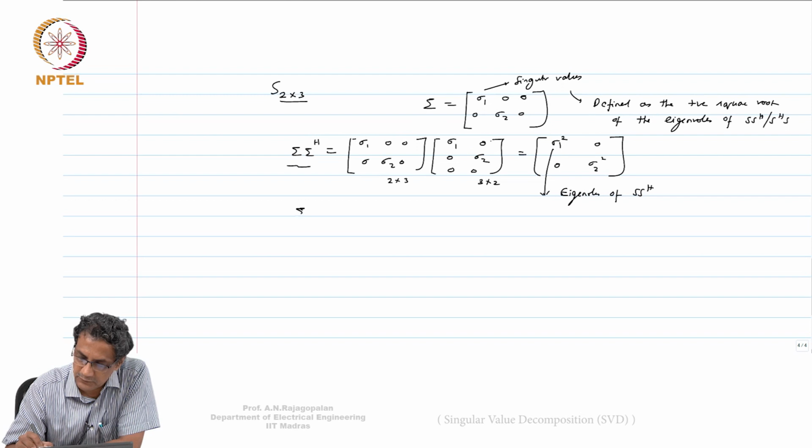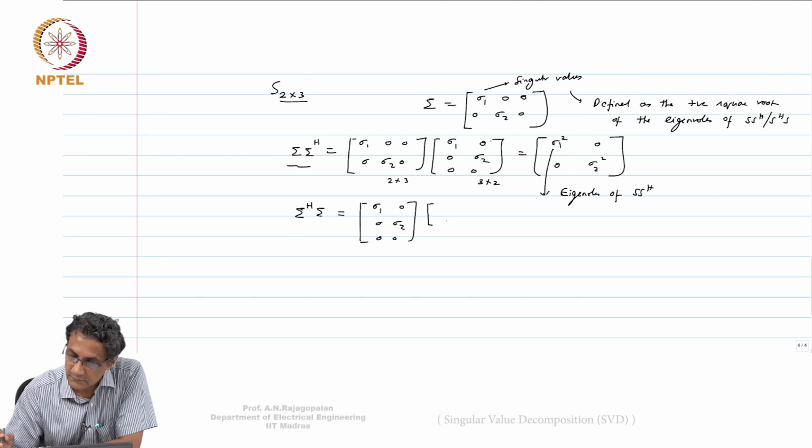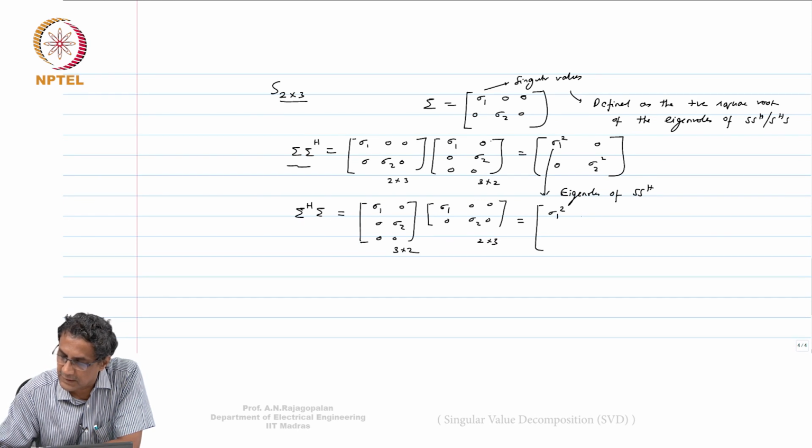If you do the other way around, sigma Hermitian sigma, that is sigma 1 0 0, sigma 2 0 0, and then sigma 1 0 0, 0 sigma 2 0. So this is 3 cross 2, this is 2 cross 3, that will give 3 cross 3: sigma 1 square 0 0, then 0 sigma 2 square 0, and then the last row will be all zeros.